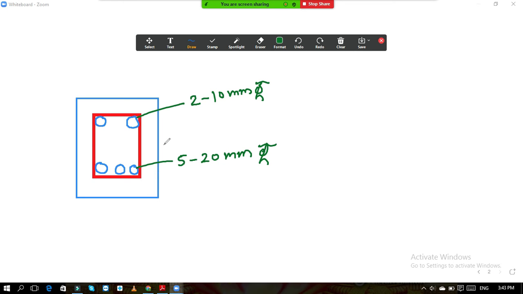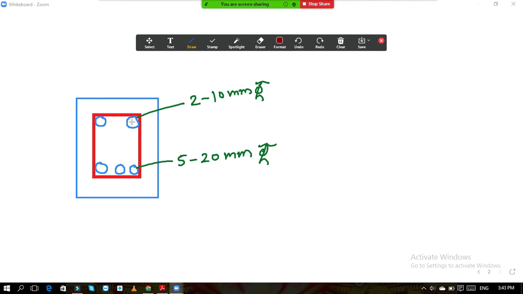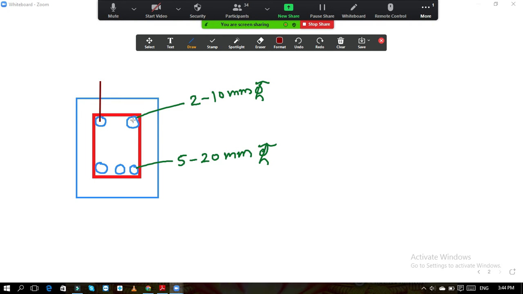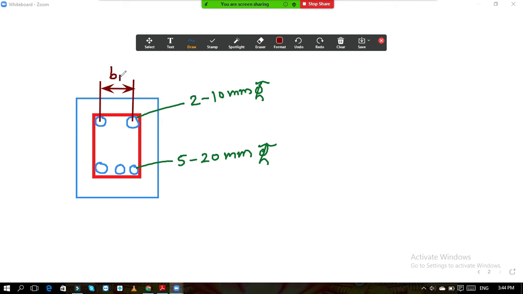Now what is b1? b1 is the center to center distance. So b1 is from the center of this bar to the center of the next bar. So this distance from this point to this point is nothing but b1.